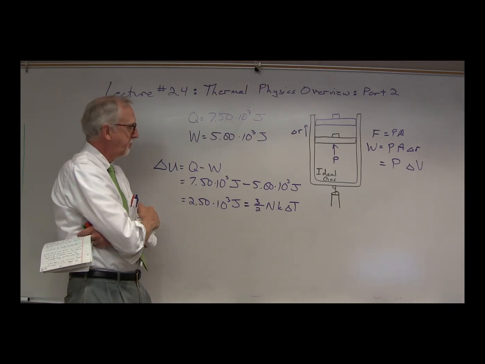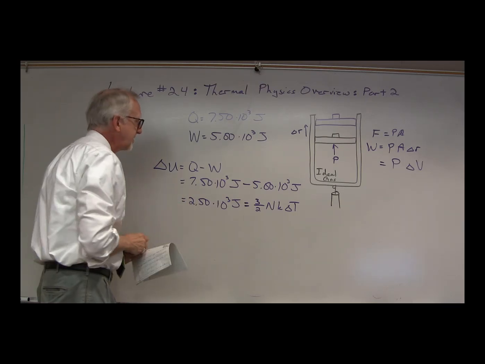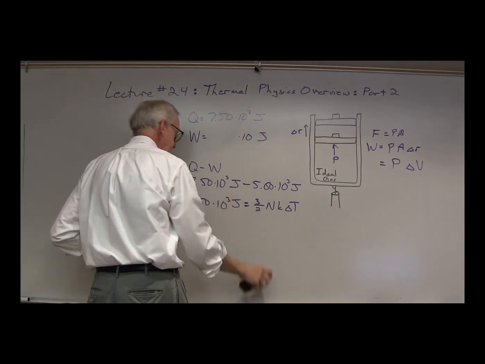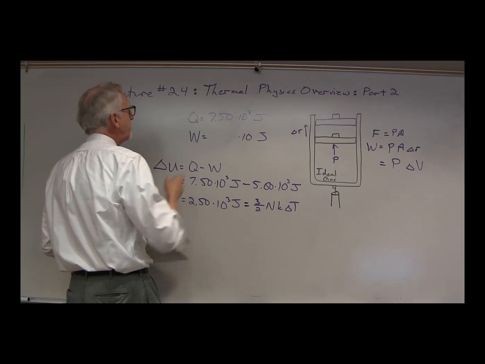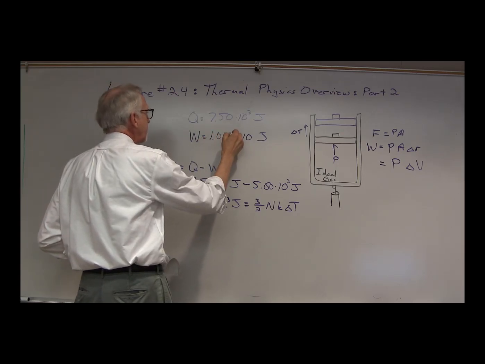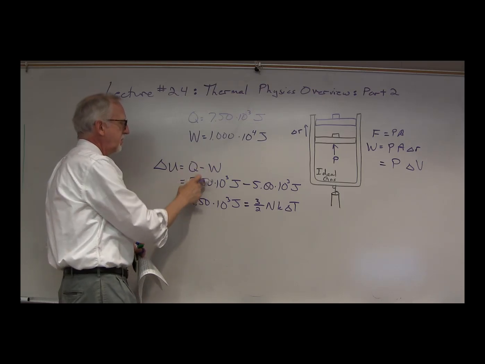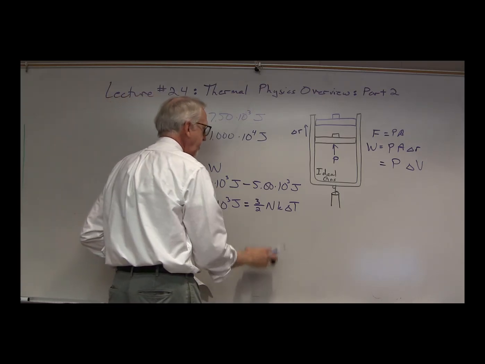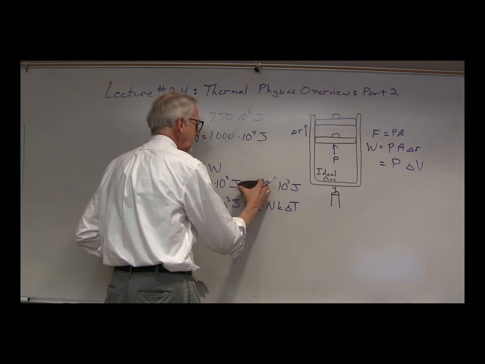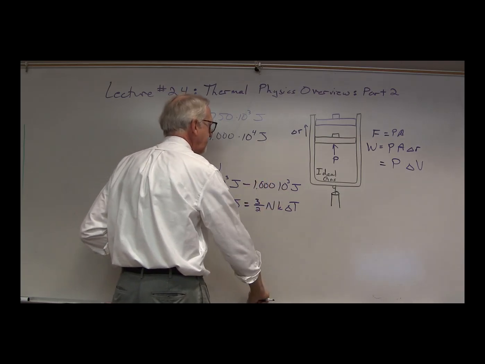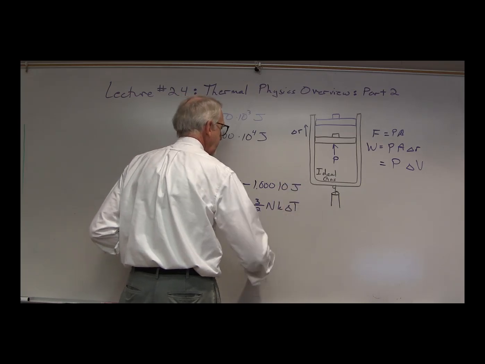Oh, that makes sense. What if, on the other hand, the work done were maybe bigger than this, let's say 1.000 times 10 to the 4th, then we would have 7.5 times 10 to the 3rd minus 1.000 times 10 to the 4th.